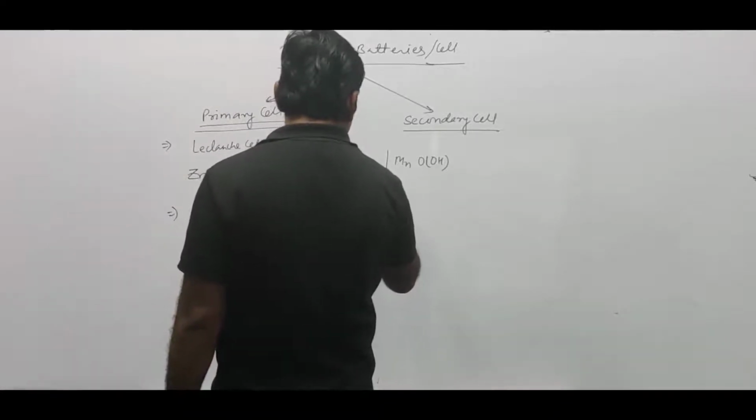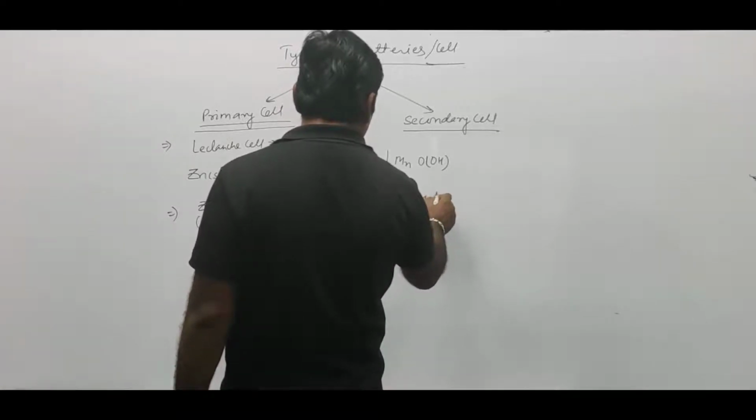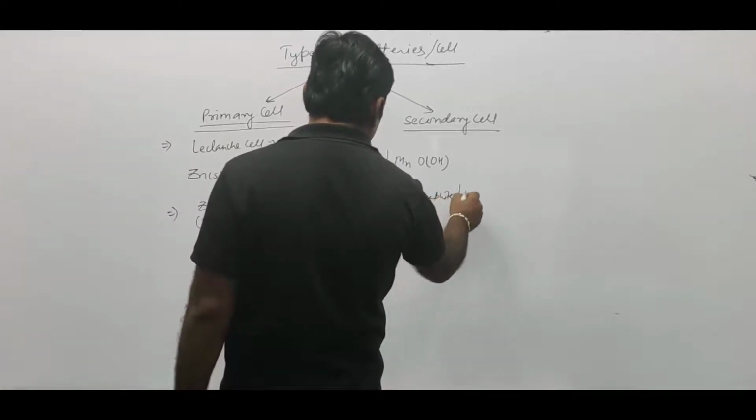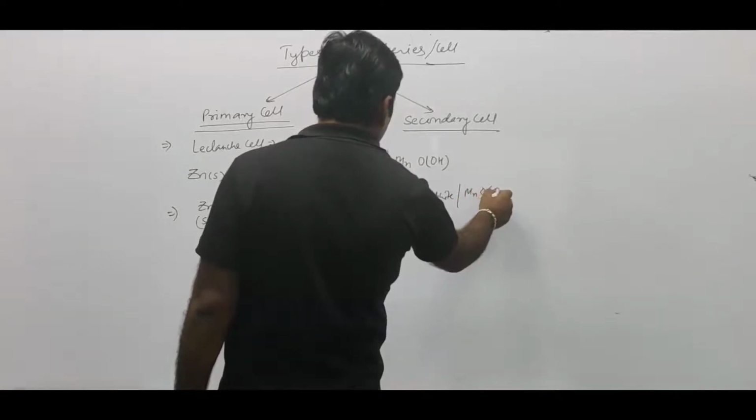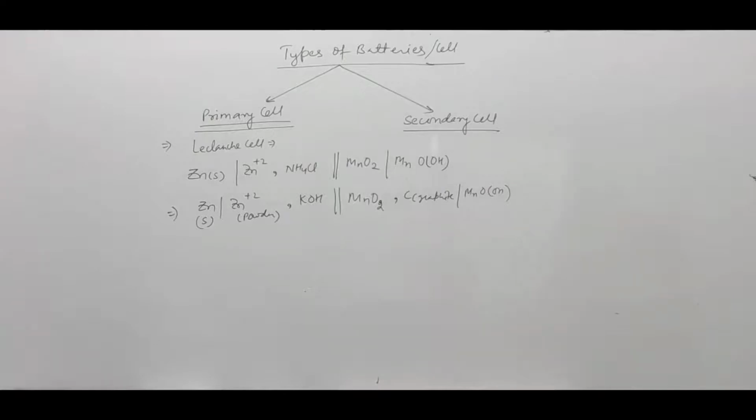MnO2 is reduced at the carbon graphite rod to MnOOH, a basic oxide of manganese.